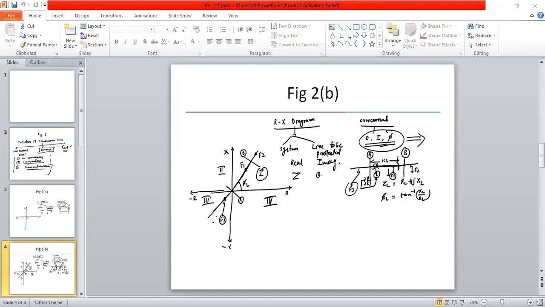Any point on this side, if any fault occurs beyond the 80% region here, the distance relay sees this fault in the second zone, and the distance relay will operate after some time delay.